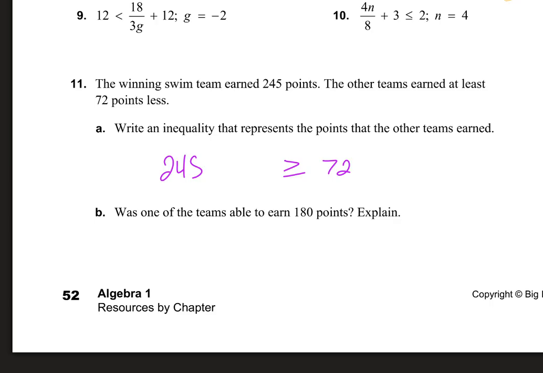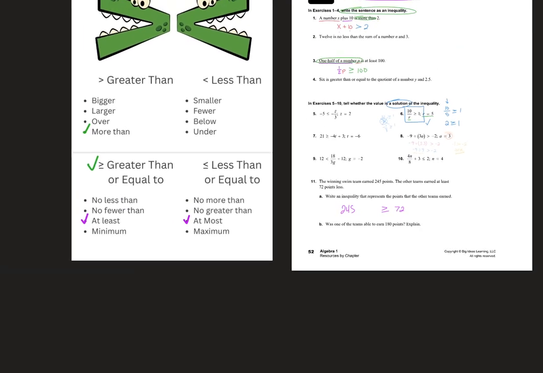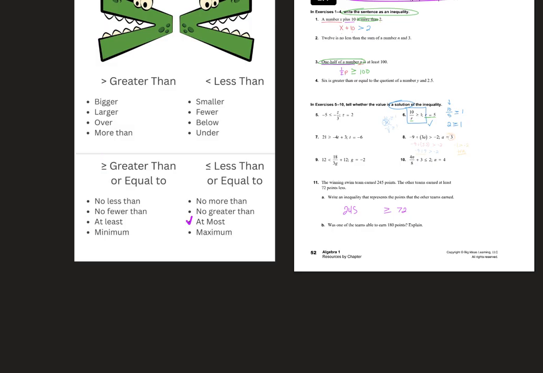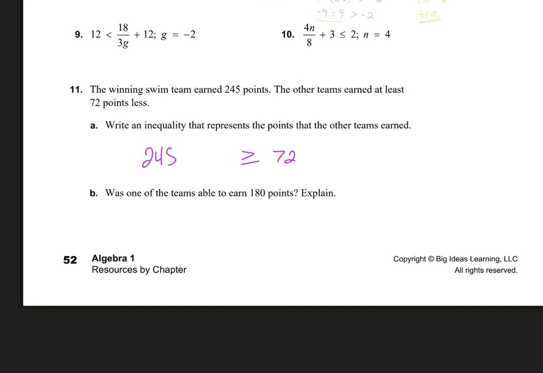I guess I didn't consult the alligators, so let's consult the alligators real quick. Where's the "at least"? There it is, right here. So it's greater than or equal to, so that's why I did that. I guess you could have said just greater than, because the winning team has to win by a point.